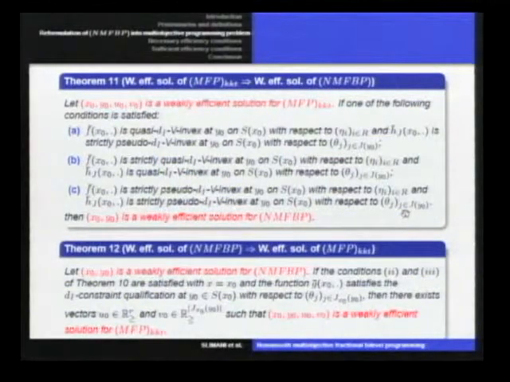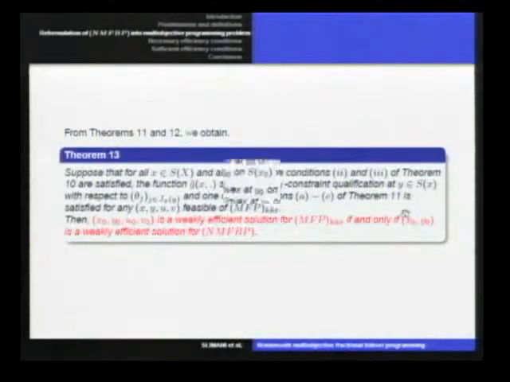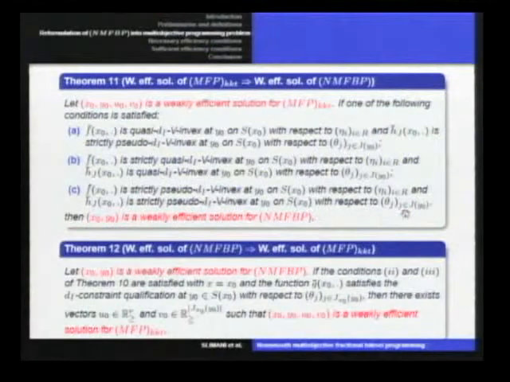Thus, if x0, y0 is a weakly efficient solution of NMFBP, then under conditions 2 and 3 of theorem 10, and if the constraint functions G bar satisfy the constraint qualifications, then there exist some Lagrange multipliers such that x0, y0 with v0 is a weakly efficient solution of MFP.